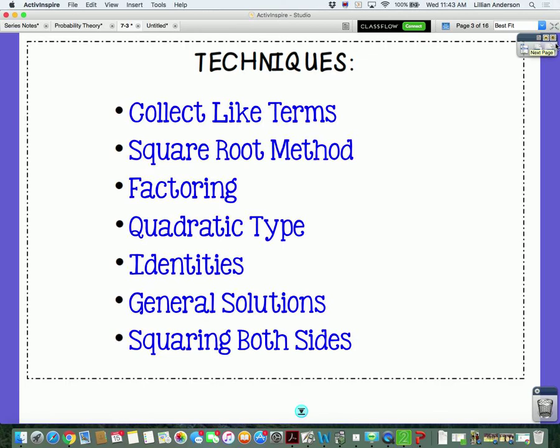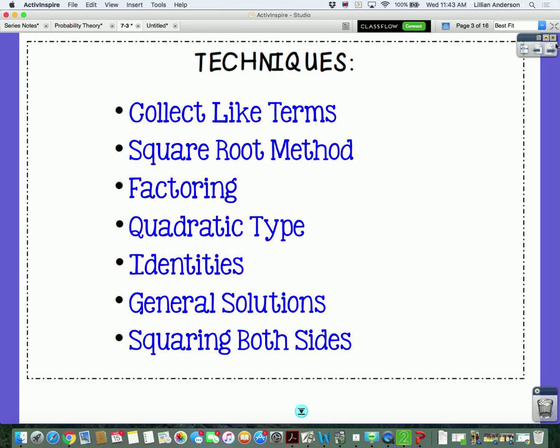So you can use these different techniques when solving an equation. Some of them are very similar to when you're simplifying expressions. That is collecting like terms, using the square root method, that's when you take the square root of both sides, factoring, and the quadratic type, where you're dealing with quadratic equations and figuring out what 2 numbers multiply to give you this and add to give you that.